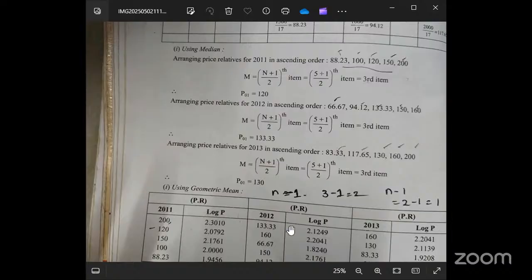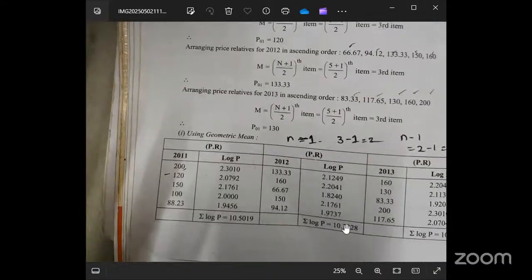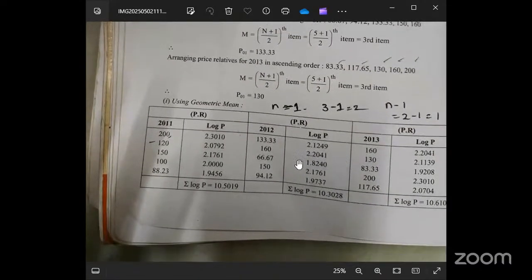Now we need to find out by using geometric mean, for 2011, 2012 and 2013. For 2011, we put all the price index values according to the items: 200, 120, 150, 100 and 88.23.